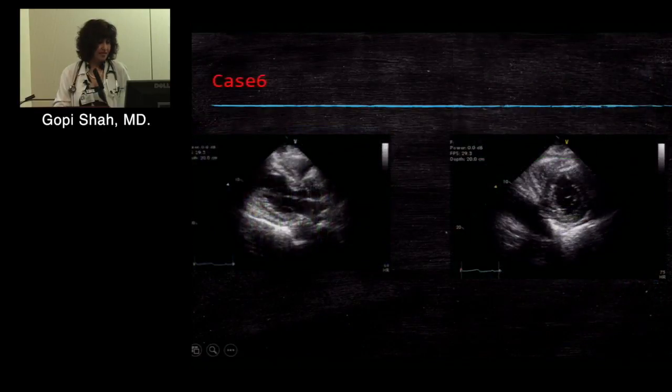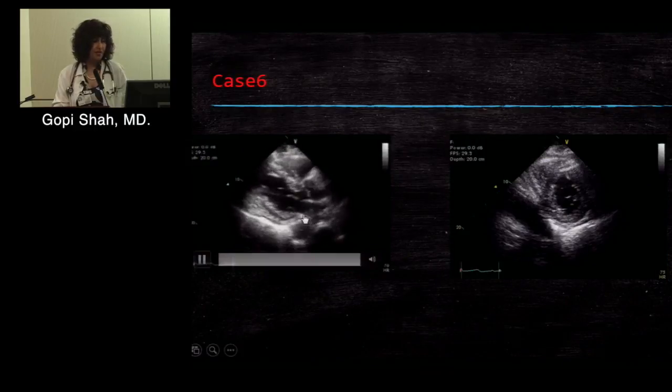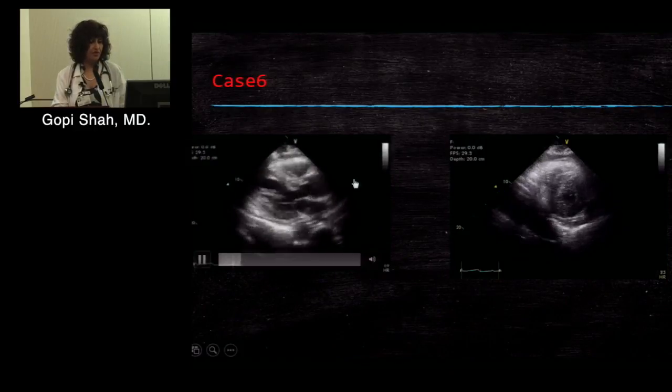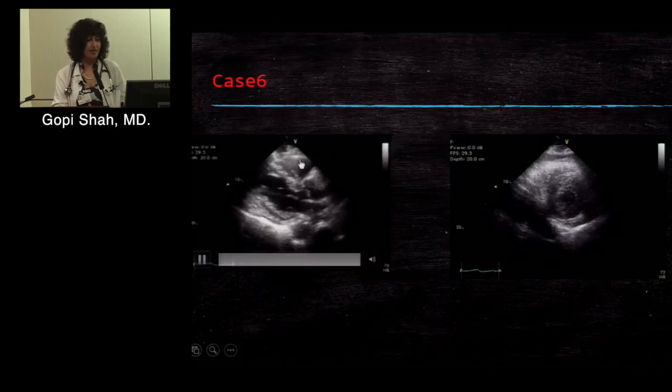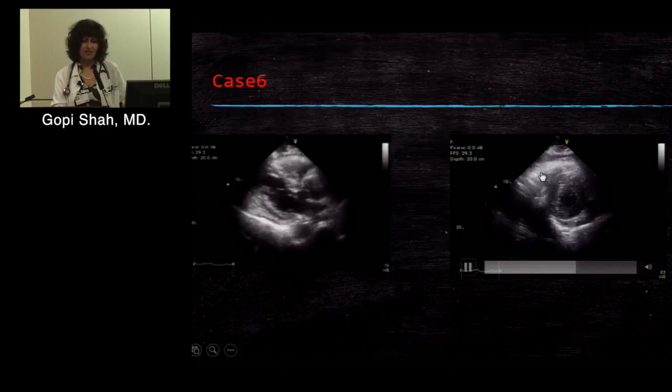So the last case for this pericardial effusion tamponade is, again, emphasizing how beautiful this is. I'll go through it quickly in the interest of time, but you can see this is the RV diastolic collapse. There's a very small localized effusion anterior to the RV, and you see the RV collapse.